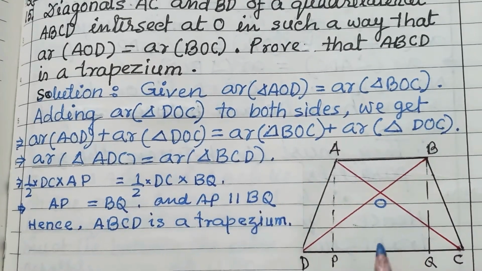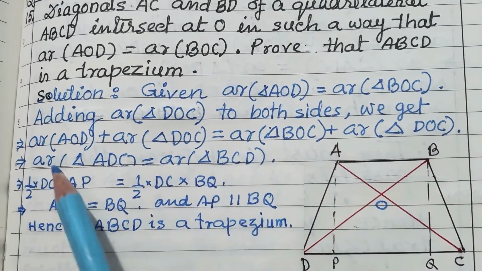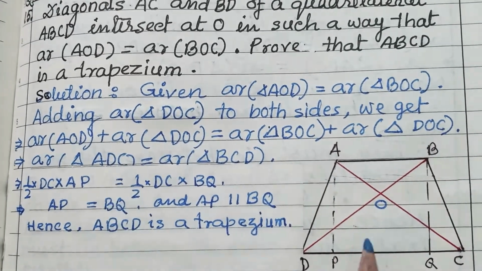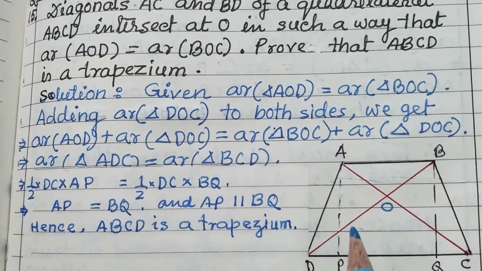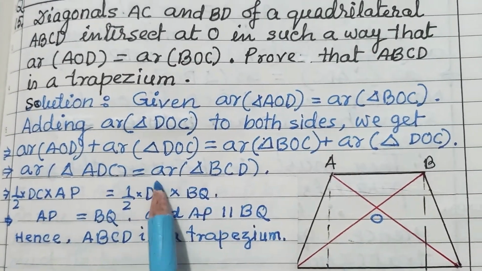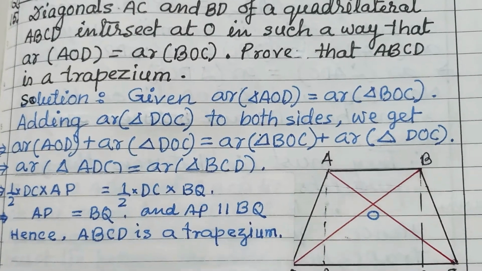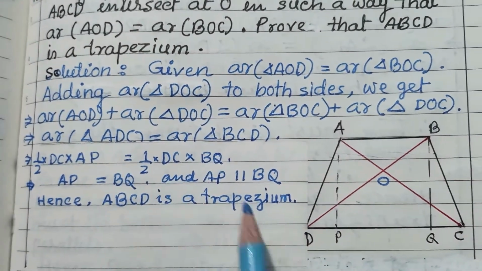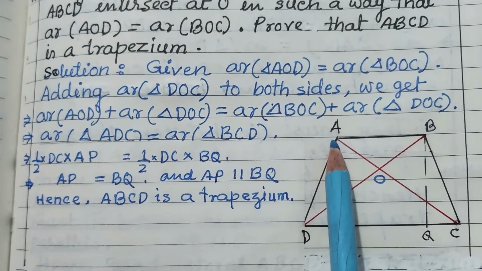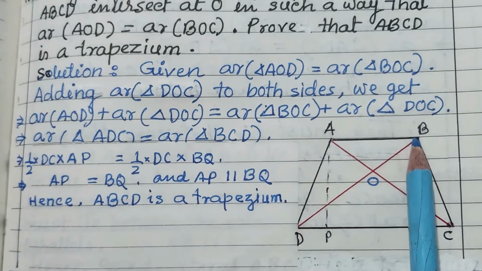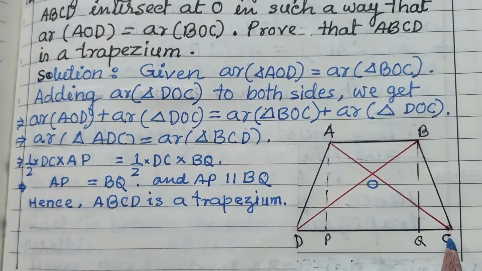So area of triangle ADC is equal to area of triangle BCD. Now in these triangles, you can draw AP as the perpendicular on DC and BQ as the perpendicular on DC.